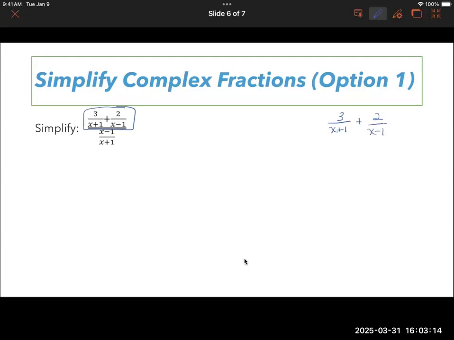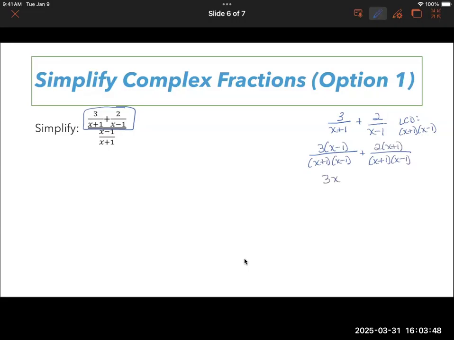Based on the example we had a few minutes ago, we need to find the LCD. x plus 1 and x minus 1, there's no commonality there, so we will need both of them. And so this needed to be multiplied by x minus 1 to get our LCD. This had to be multiplied by x plus 1 to get our LCD.